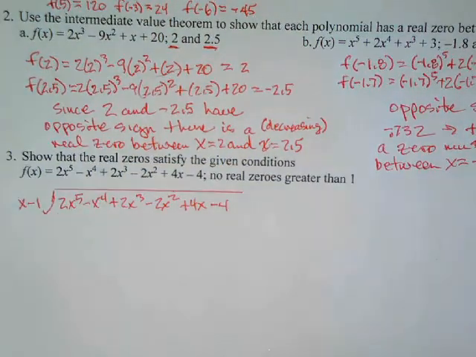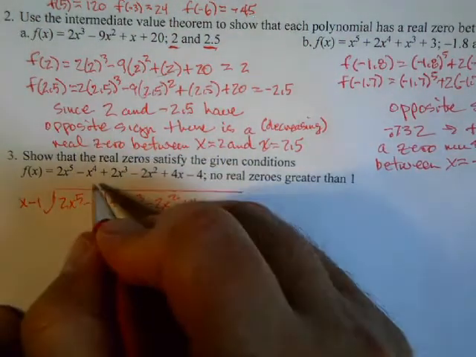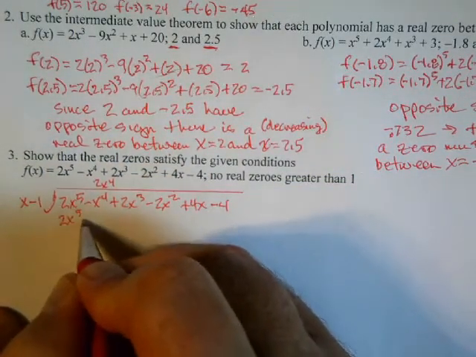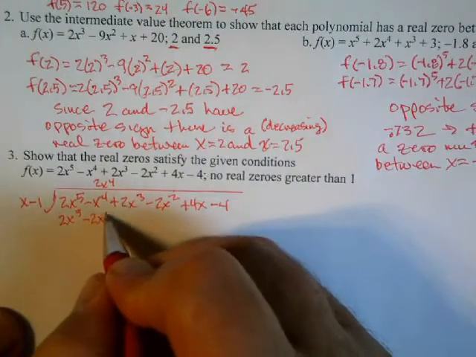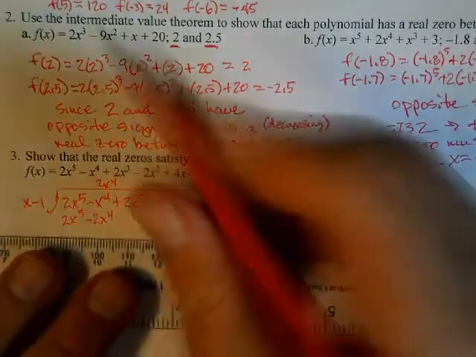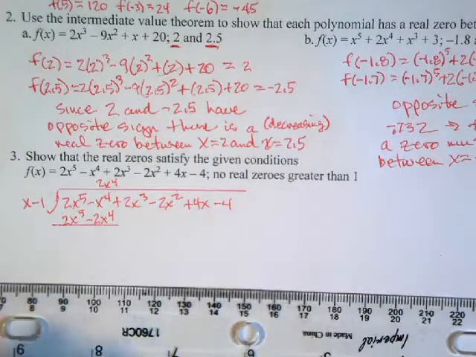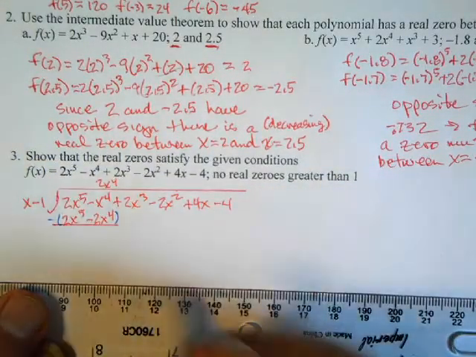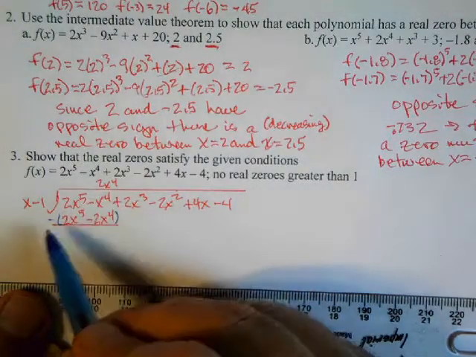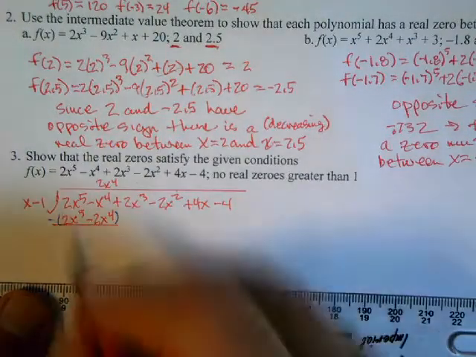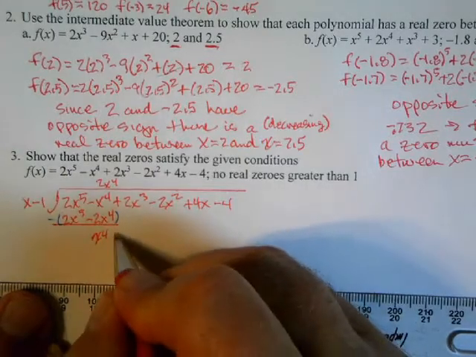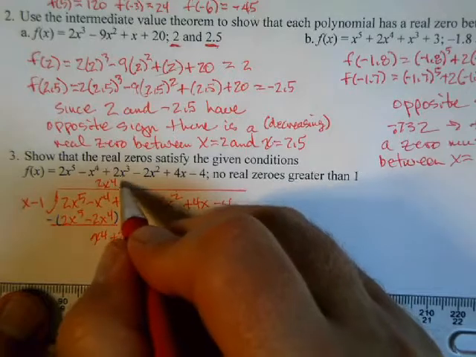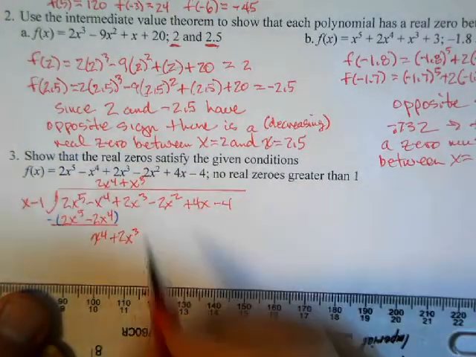So that'll give me 2x to the 5th, subtract 2x to the 4th. So the 2x to the 5th are gone, and I'm left with negative x to the 4th plus 2x to the 4th. So that's just going to be x to the 4th plus 2x cubed. So the next one will be plus x cubed. So x cubed and x will give me x to the 4th. X cubed times the minus 1 will give me subtract x cubed.